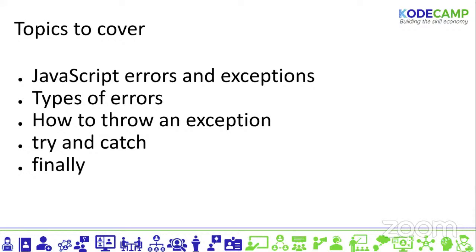Then we are also going to see how to use the finally statement. The finally statement is like saying whether or not an error or exception is thrown, we finally run that block of code.